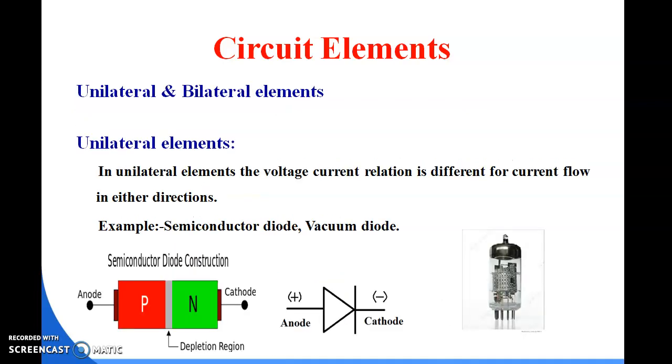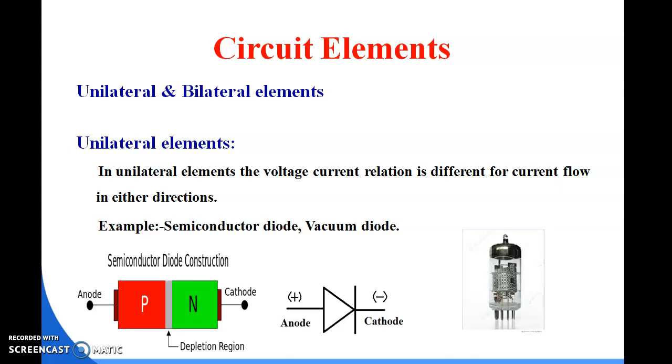Okay, then the second category comes, that is unilateral and bilateral elements. In unilateral elements, when the characteristic and property of a circuit changes with respect to a change in direction of current, then it is known as a unilateral element.